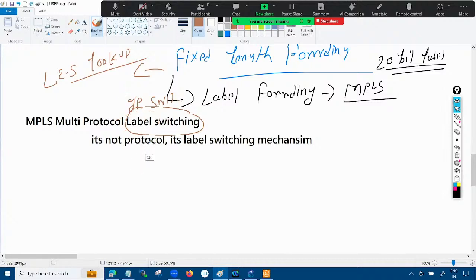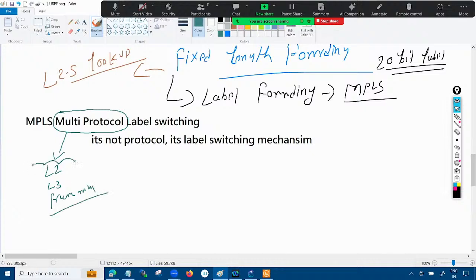Now, again, you have a question: then why is it called multi-protocol? The meaning of multi-protocol over here is that it can support various protocols. You can do it with layer 2, with layer 3, with Frame Relay, with ATM.